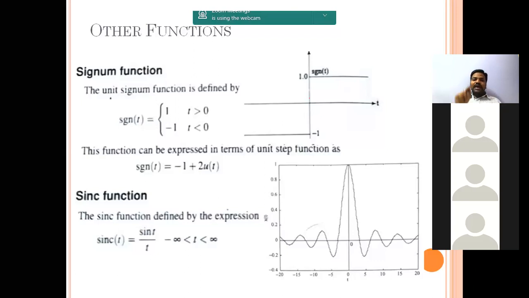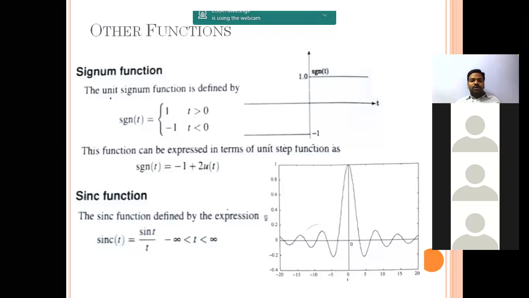Why? Because at t equal to 0, the slope changes. Slope changes. Is it clear? So 1 minus 1, 0. That is why t equal to 0 has not been included.